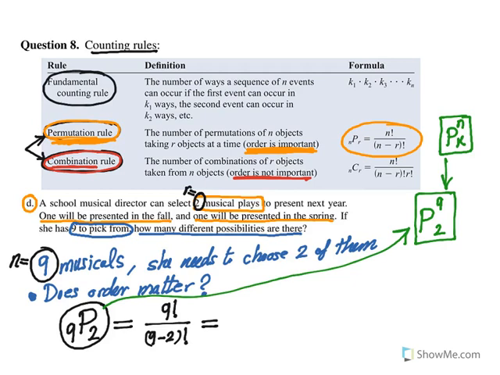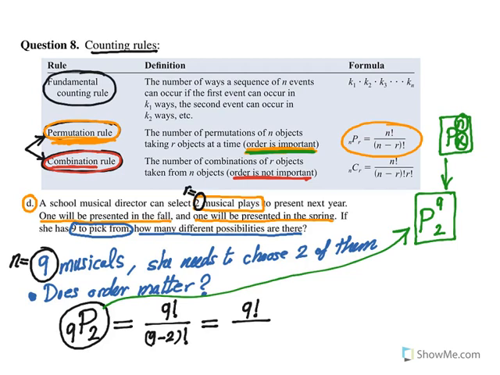It doesn't matter. What matters is that the number above is the total objects and the number down is how many you are choosing. If you know already that order is important, like in this question, then you use the P. If the order is not important, then you use the combination rule, that is the last rule. But in this case, it's the permutation rule.